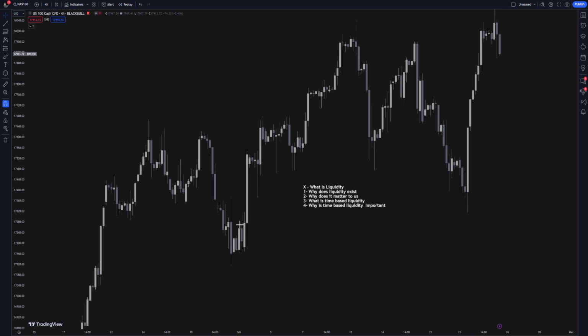Well, the biggest one, and the only one that you need to know, is the fact that when big banks or institutions, let's simplify this, let's say BlackRock wants to buy Nasdaq, for one, they're going to enter with, I don't know, a million lot size. Now, obviously, that is not something they can do instantly.